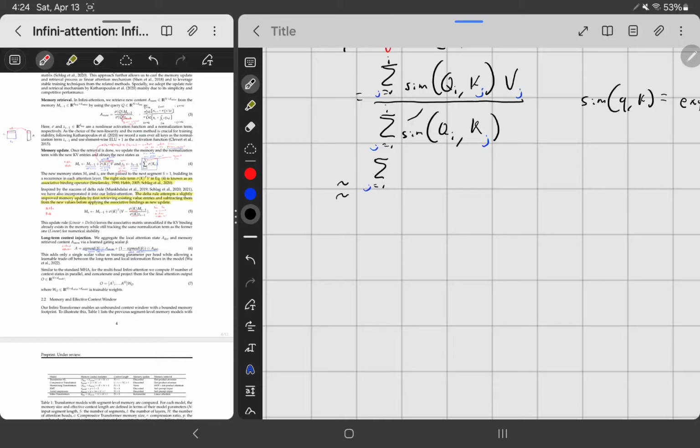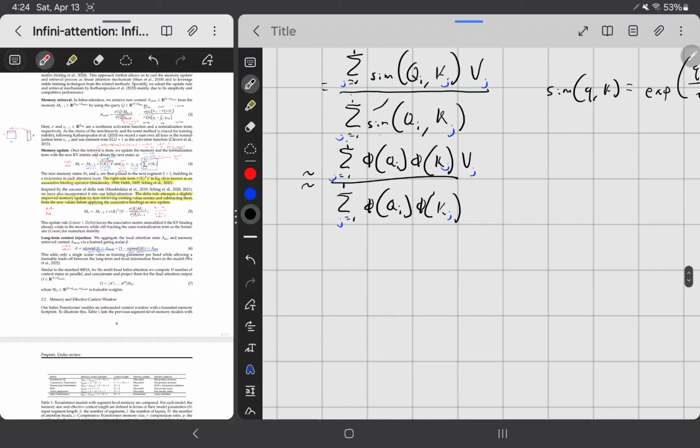So the sum from j equals 1 to i of, we'll call this function phi, phi of q_i times phi of k_j times v_j, over the sum from j equals 1 to i of phi of q_i times phi of k_j. This is the same thing, just the similarity is broken up into two functions.